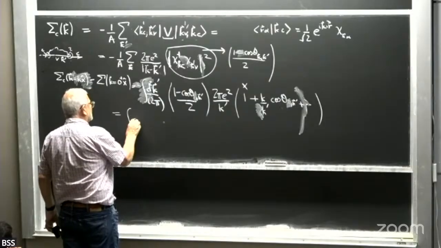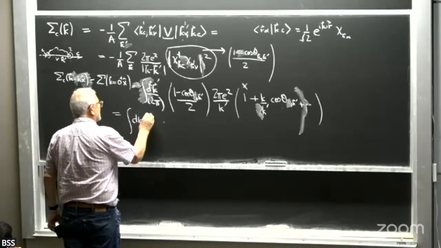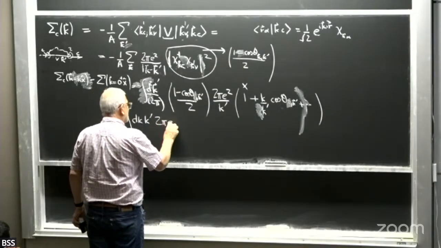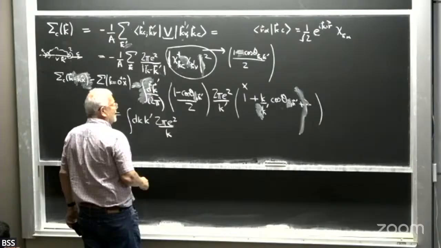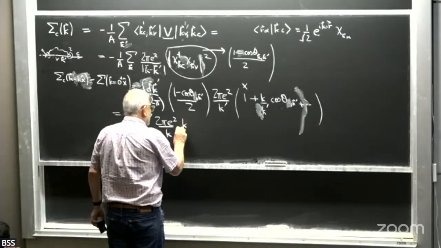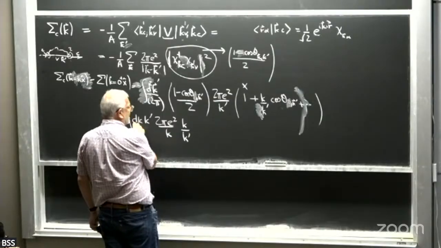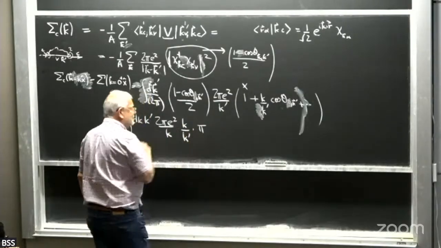So I have the integral dk prime k prime in 2-dimensional momentum space, 2 pi e squared over k prime, k over k prime, and pi.